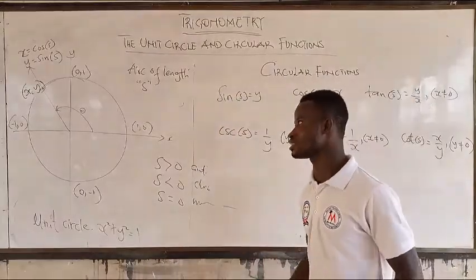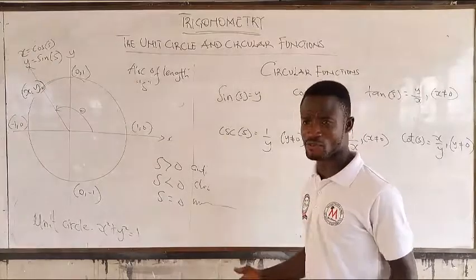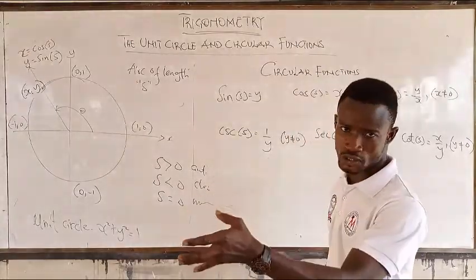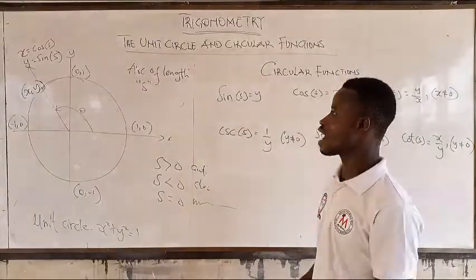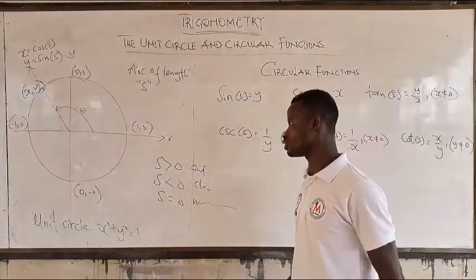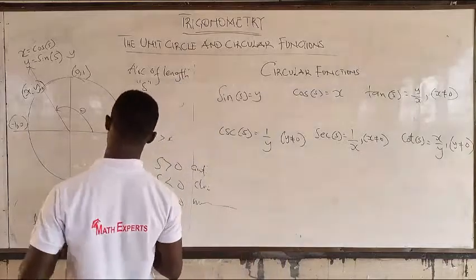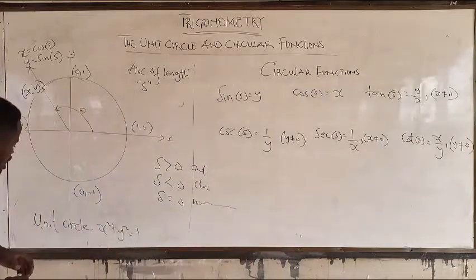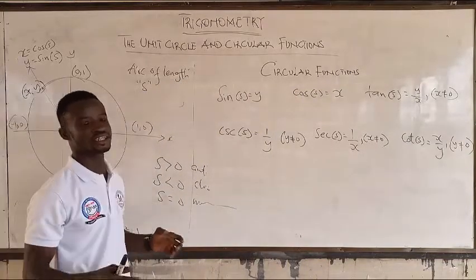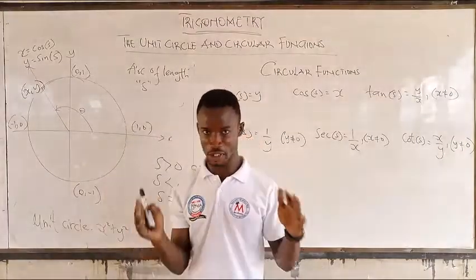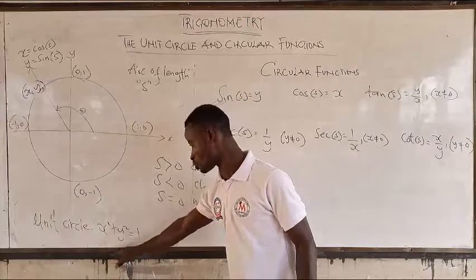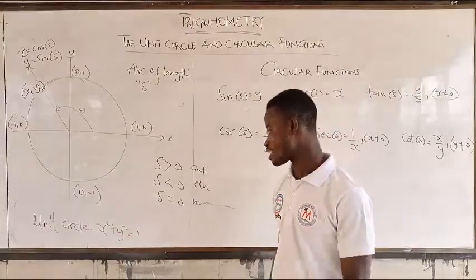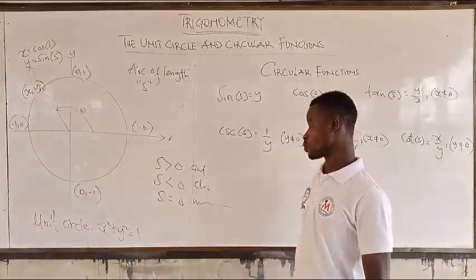So please take note here for me that X is cos, Y is sine. Very good. So for a unit circle to be in the standard position, the unit circle is going to be x squared plus y squared equals 1.